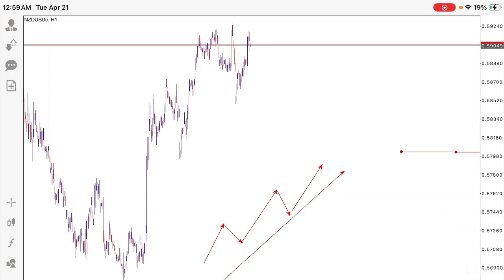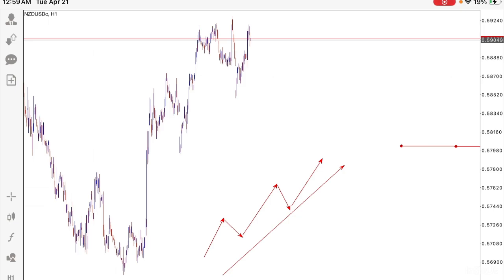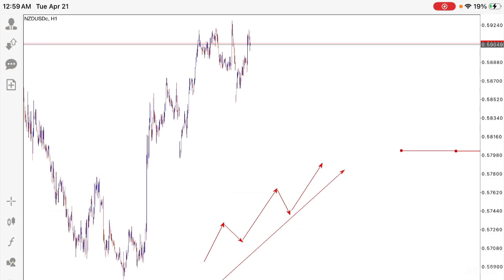Whenever the market is heading to the upside, what is expected of you as a trader is to look for buying opportunities, because the market is bullish, heading to the upside.